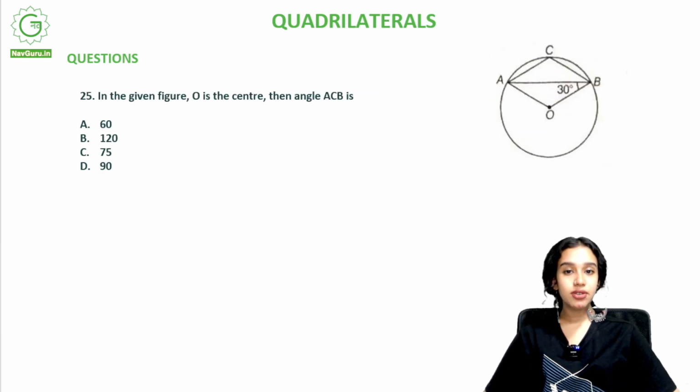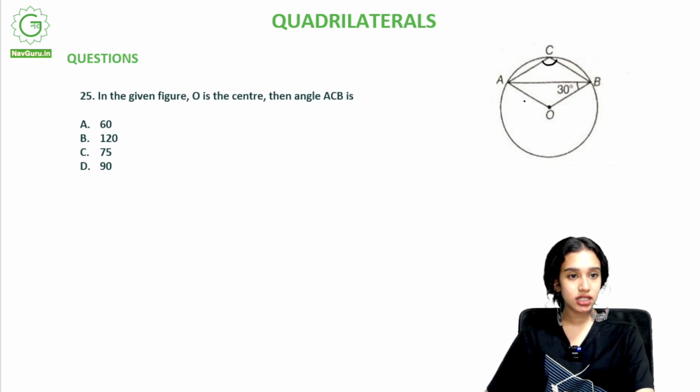Now, in the given figure, if O is the center, then we have to find the angle ACB, right? Now, this is a chord which is inclining an angle to the center, right? And it is the other side of the chord. So this is 30 degrees, right? Now, this is radius and this is also radius.